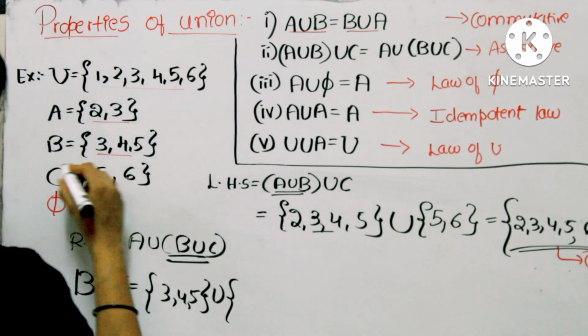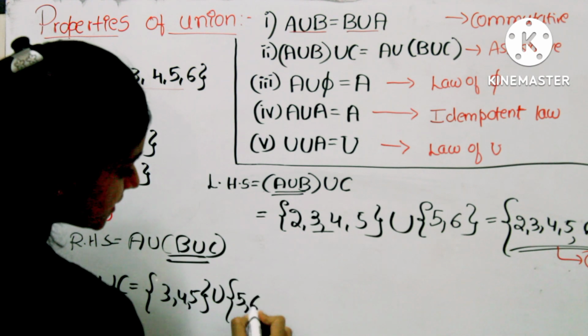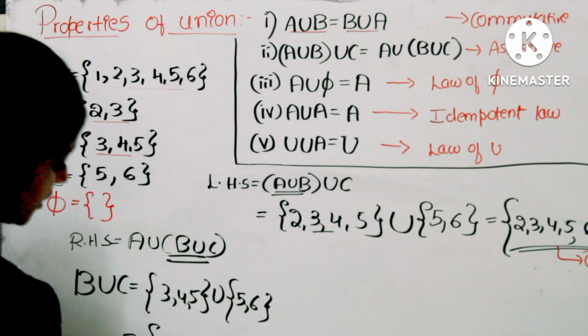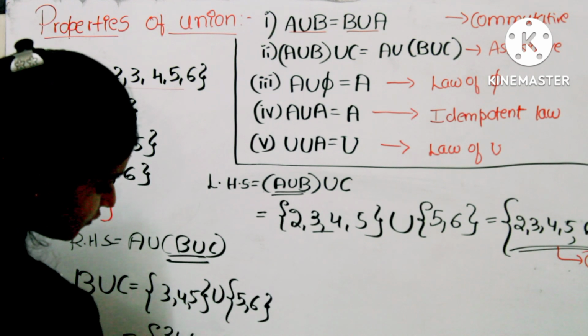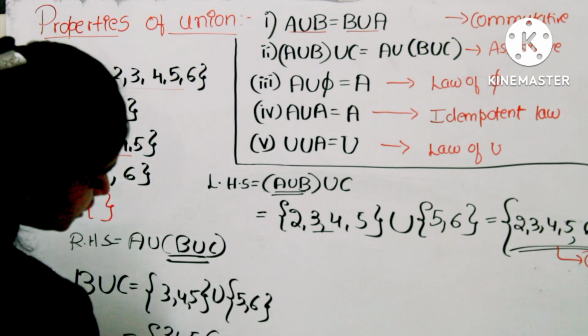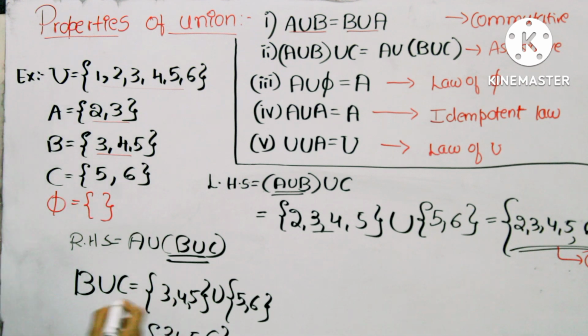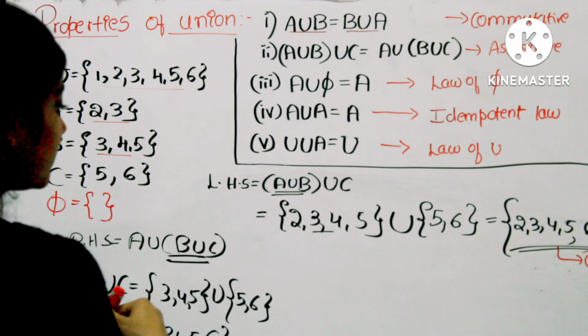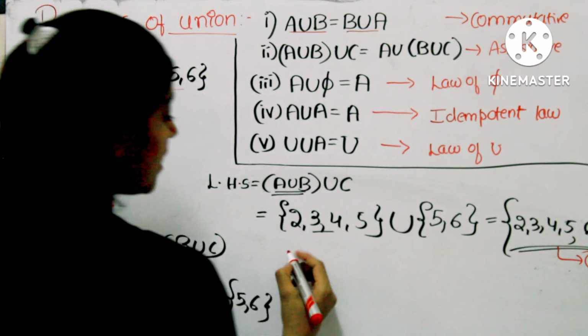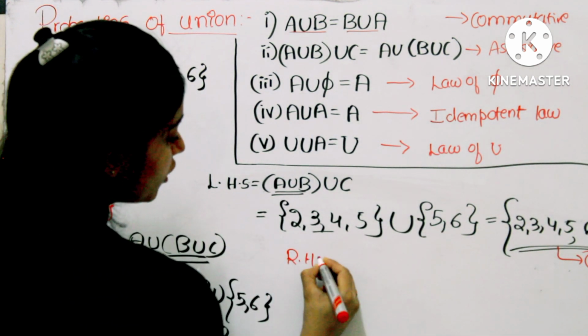Union C is {5, 6}. So what you get? First you should write all the elements in B: 3, 4, 5. 5 is repeated, so you have to write 6 only. So this is B union C. Now we need RHS is equal to what we have?